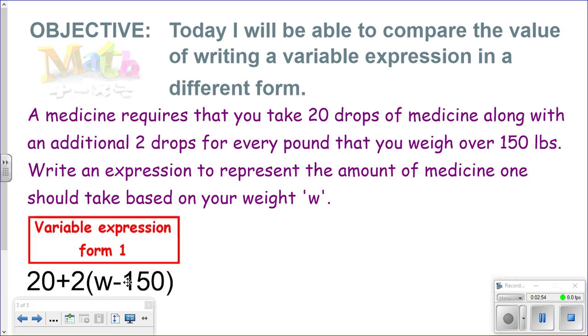So it's that difference between their weight and 150, if it's over 150. 2 drops is only if it's more than 150. So there's our algebraic expression: 20 drops regardless, plus 2 drops for the person's weight over 150 pounds. So you subtract the 150 pounds from their weight, and multiply that by 2.